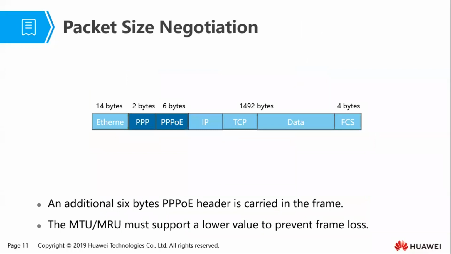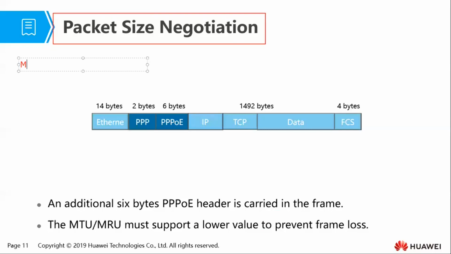So the next part of it is we now look at the packet size negotiation when you are using PPPoE. Now, generally, we've been mentioning the maximum receive unit, MRU.